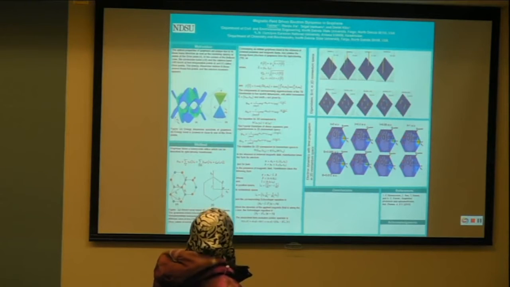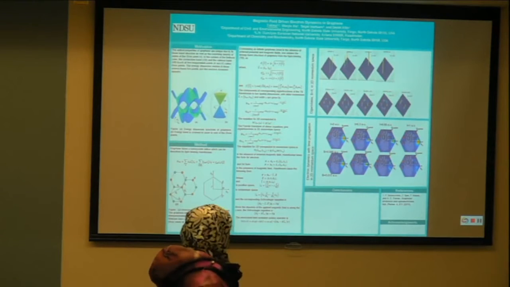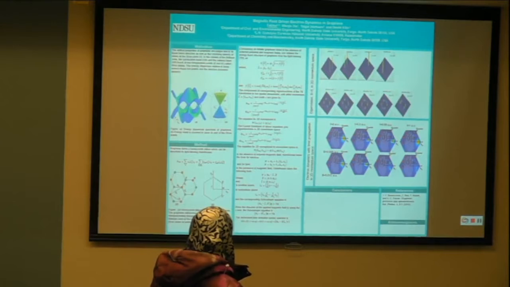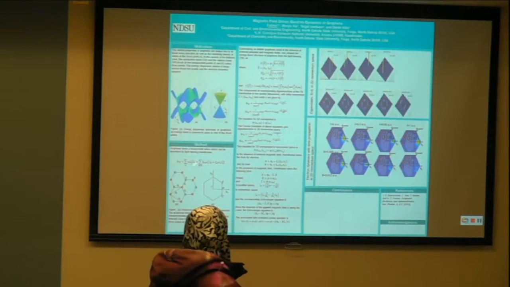In the absence of an external magnetic and electric field, if one solves this tight-binding Hamiltonian, the energy dispersion relation is here. For deriving this energy dispersion relation, we should neglect the next nearest neighbor part. We just consider the nearest neighbor, first term, third term.